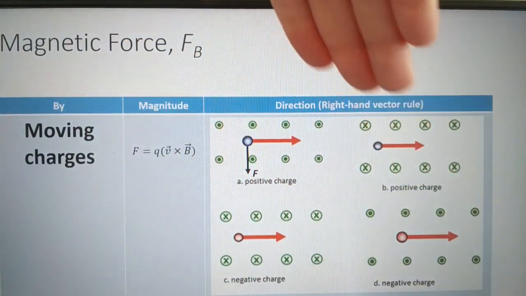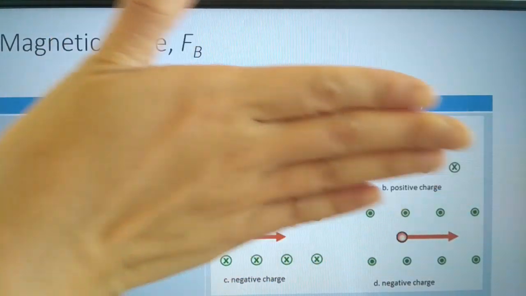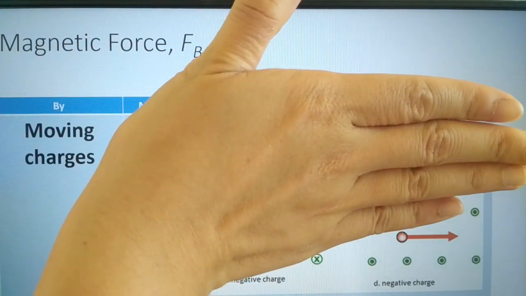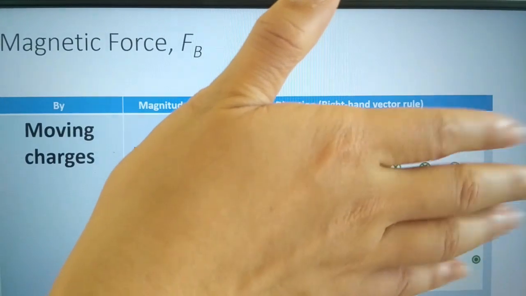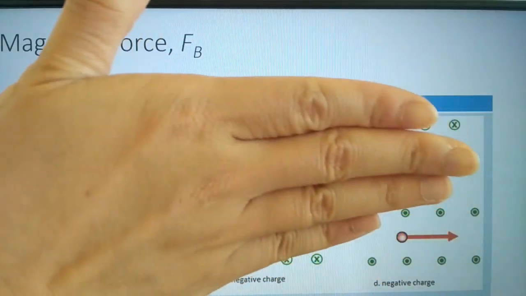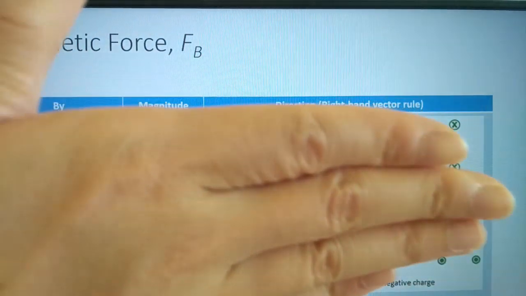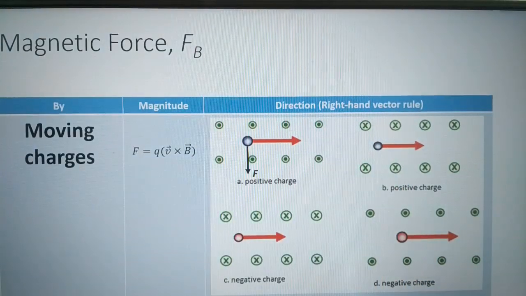I have to turn my finger so that my velocity to the right can be crossed into the page. Velocity cross B. So my force is upward.